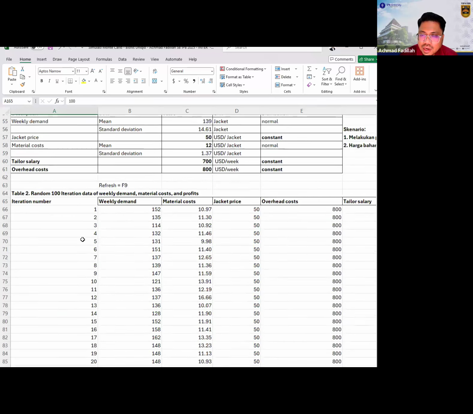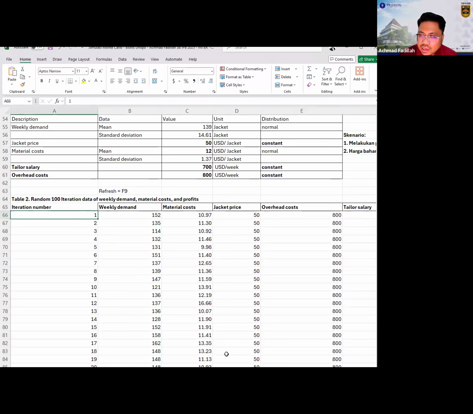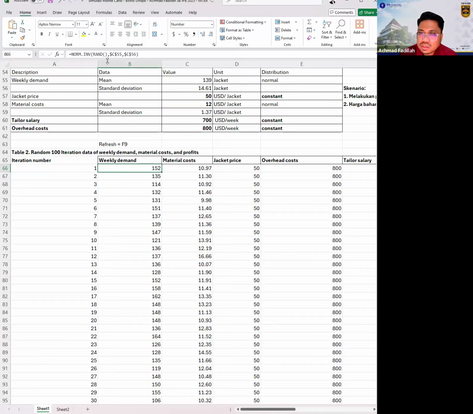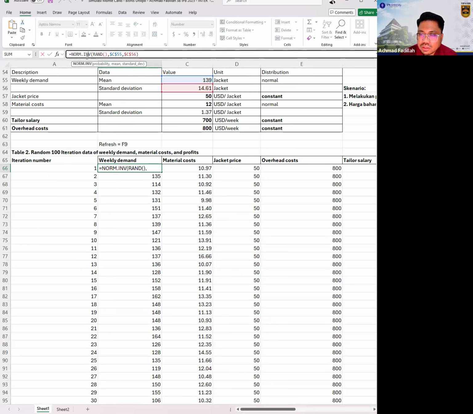And then you can see the weekly demand, which is normally distributed. You still remember this formula. You need to implement the same formula as for material cost.